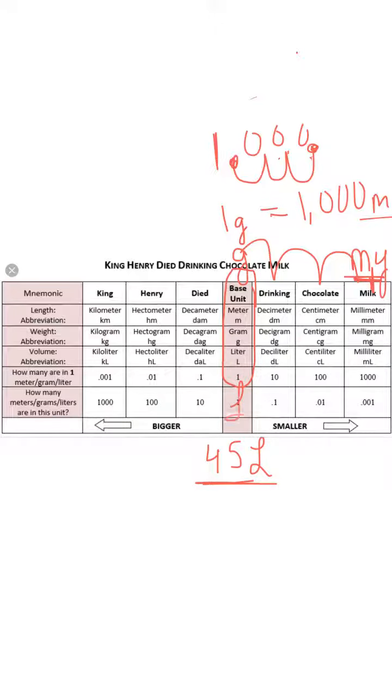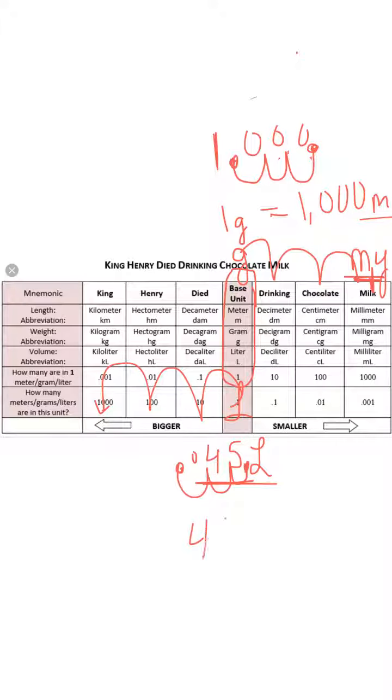Well, here's my base unit. My base unit of liters is right here, and I'm going 1, 2, 3 places over to the left. So on my number 45, the decimal point is really right there. If I want to go from liters to kiloliters, I move it over 1, 2, 3 places to the left.